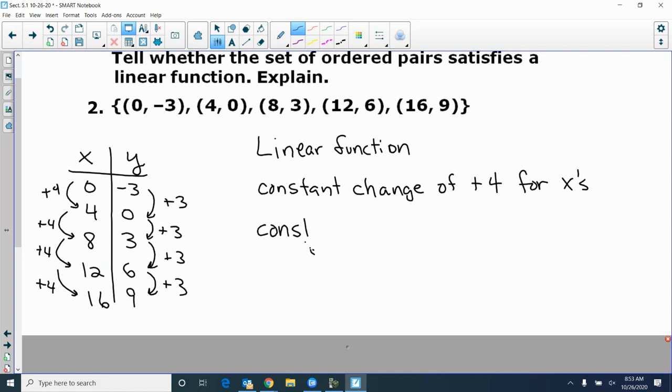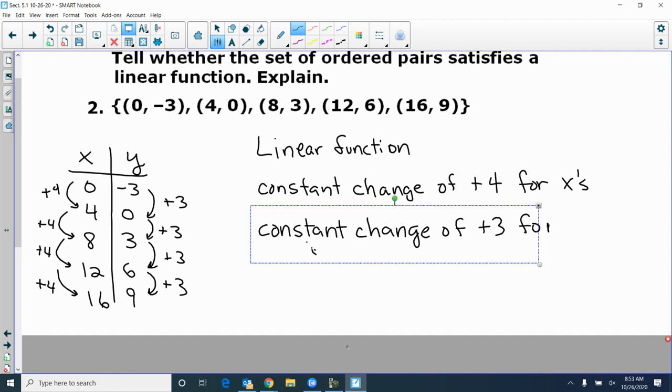So constant change of plus 3 for y's. All right, so that's the key thing.